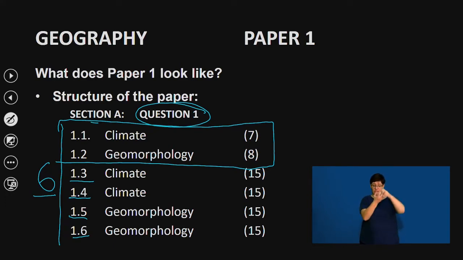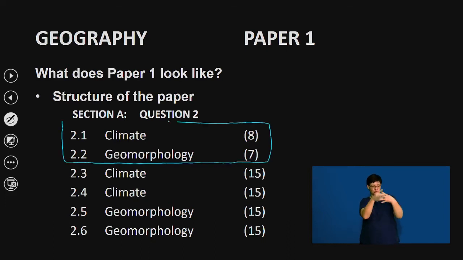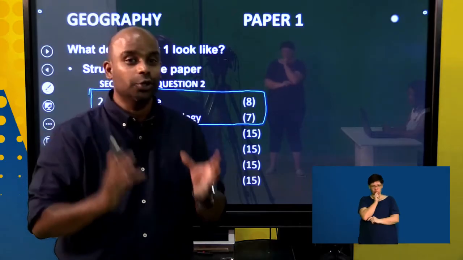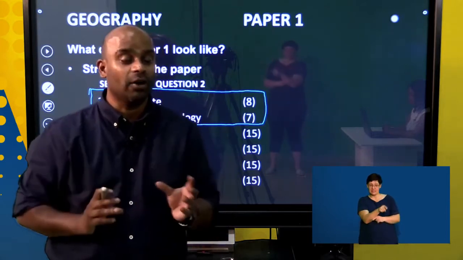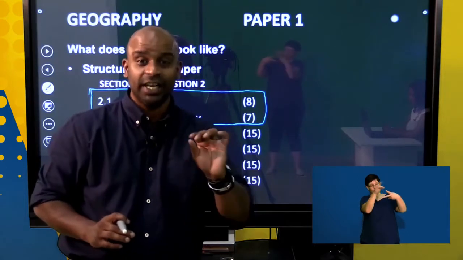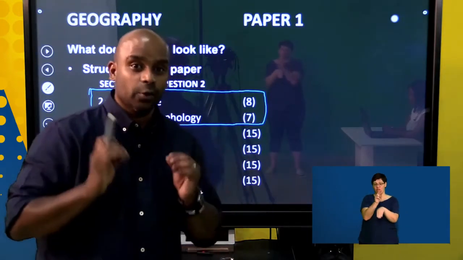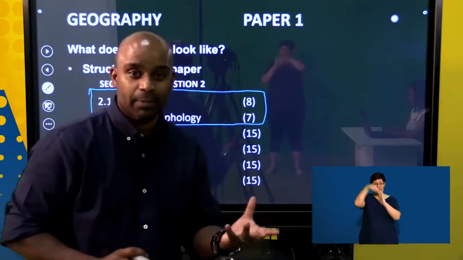You have a similar structure in question 2, where you have again the short objective type questions of multiple choice, column A, column B, as well as selecting the appropriate word from within brackets. You have to select one of these 2 questions. We're going to talk further about strategy just now. I'm giving you an overview of the questions contained in your examination.